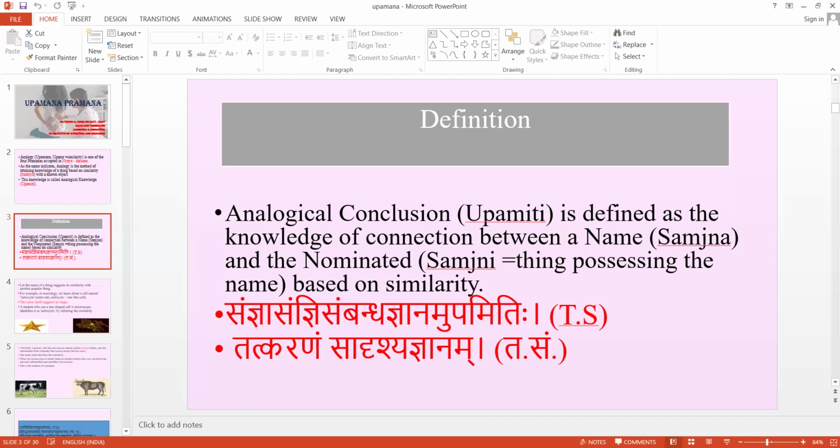So here I am using similarity, Sadrishya Jnanam. That person is Raju because he has similarity with Hrithik Roshan. So I recollect the sentence and infer. Whenever there is Sadrishya Jnanam, similarity, we can say that is Upamana Pramana.